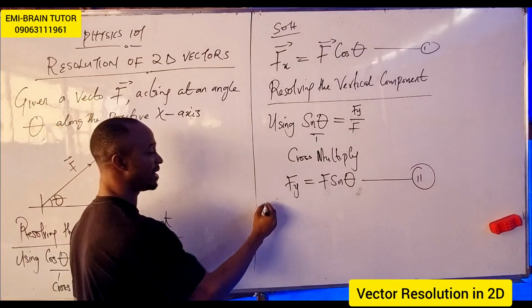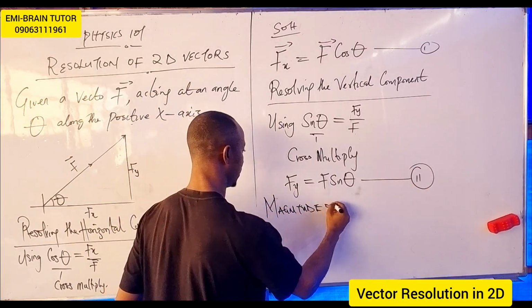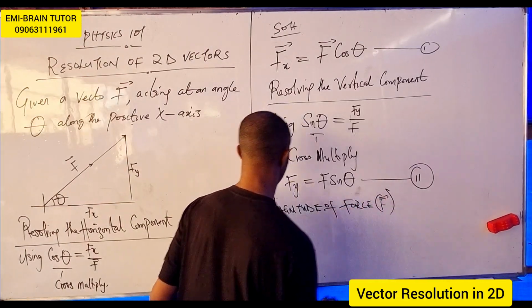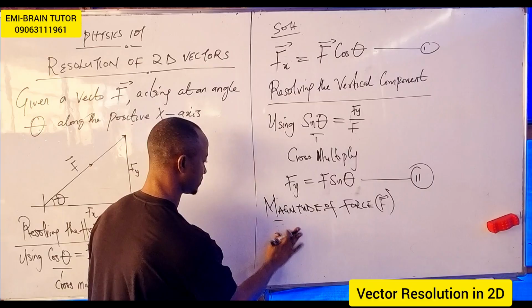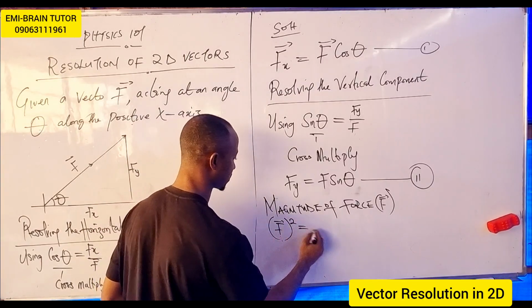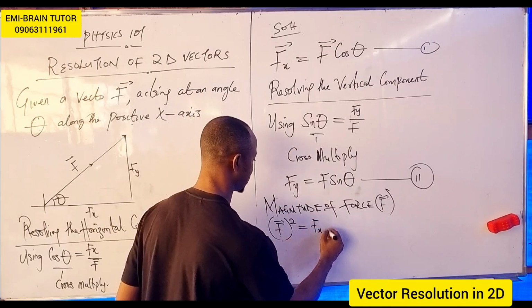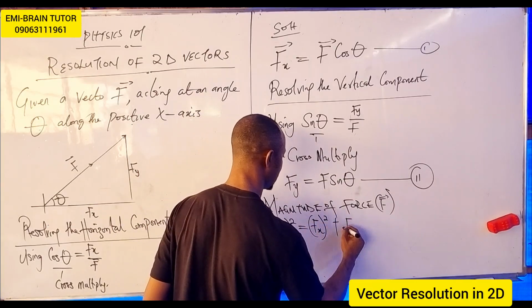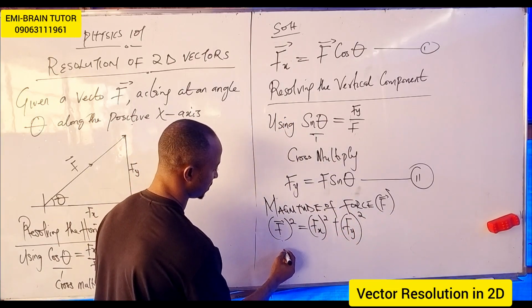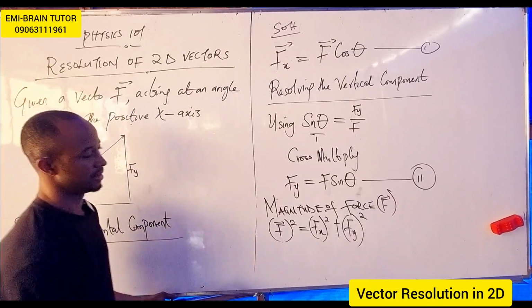So to find the magnitude of the force F, F squared equals Fx squared plus Fy squared.